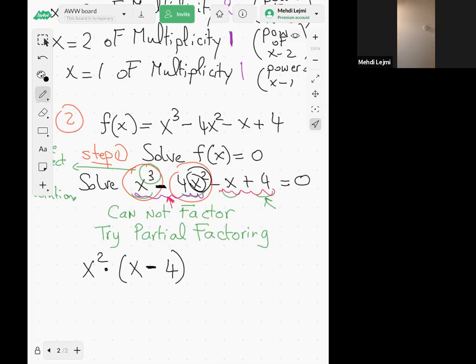Now I can try to factor the last 2 terms, minus x plus 4. There's no common factor here; x is not a common factor, 4 is not a common factor, so I'm just going to leave it as minus x plus 4.